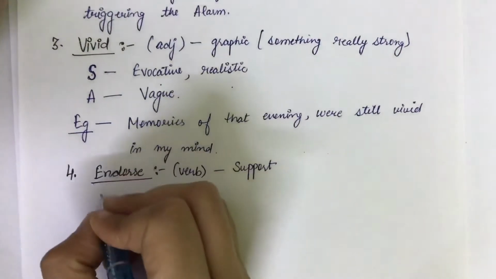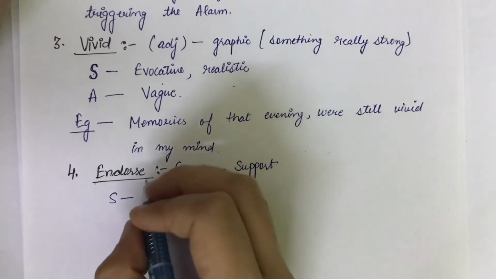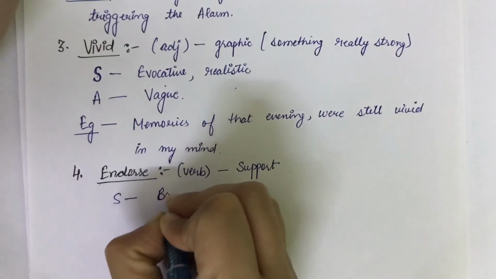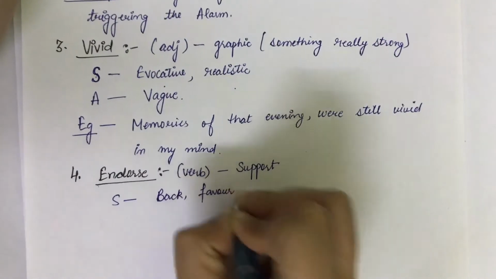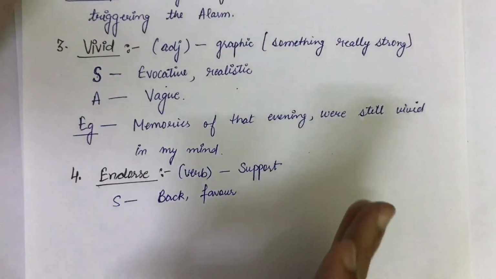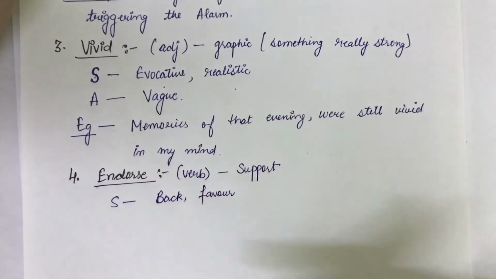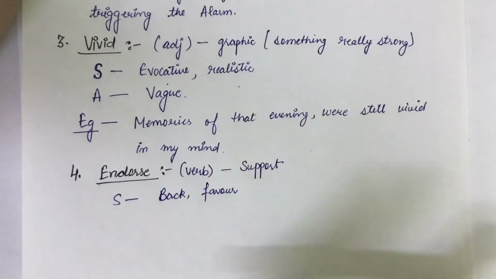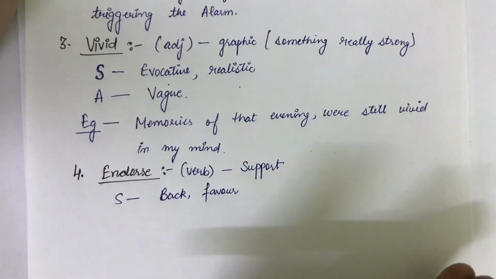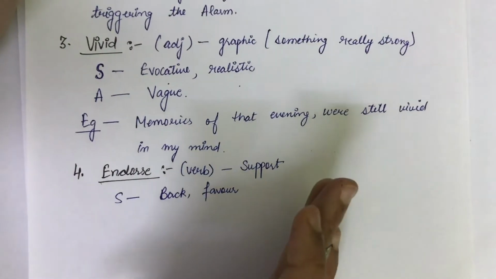Talking about the synonyms, they are back or favor. So if a personality is endorsing some brand, that means that personality is basically supporting that brand. Okay, so this is the meaning of endorse here.